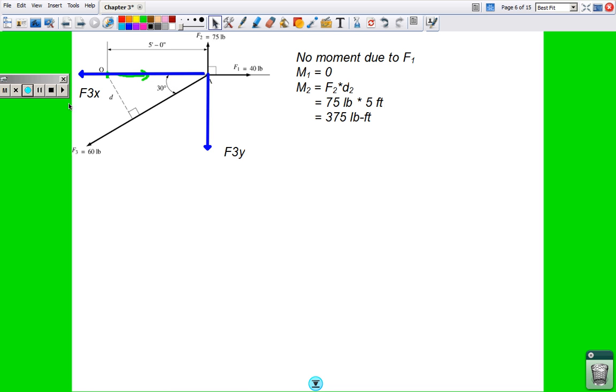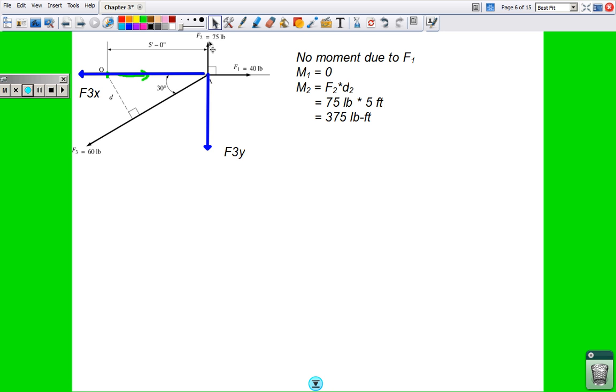Alright, and so the distance from this point to this point is going to be the same as the distance there. Alright, and we'll use the same formula. Let's look for a moment. We forgot to talk explicitly about the sign on the moment of 2.